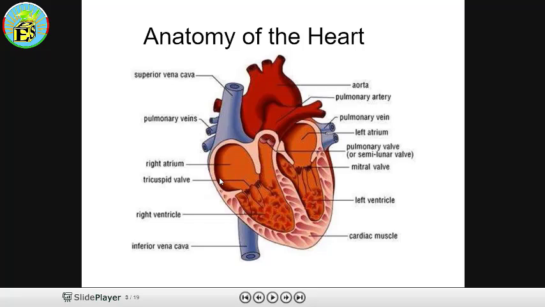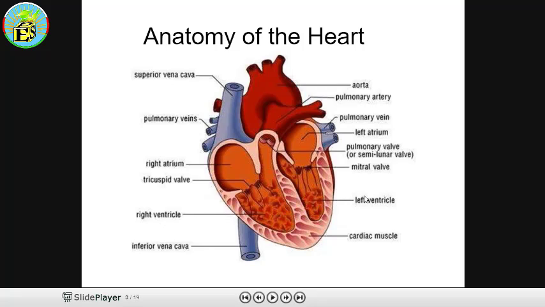So the two upper chambers are called atria or atrium. This is on the right side, so right atrium. This is on the left side, so left atrium. Down chambers will be ventricles. On the right would be right ventricle.